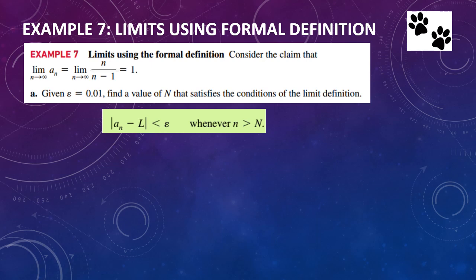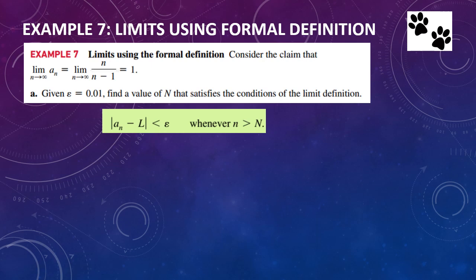See if you can do this. Now, again, what you're going to do is use this formula. Notice you have a value of epsilon here, 0.01, so I'm going to plug that in. We know our limit as n goes to infinity is equal to 1, so I'm going to plug that in for L. And we know that a sub n is this formula, n over n minus 1, so I'm going to plug that in for a sub n.